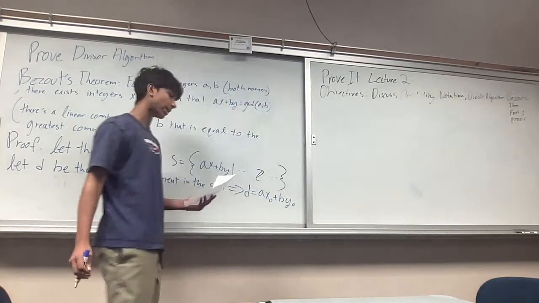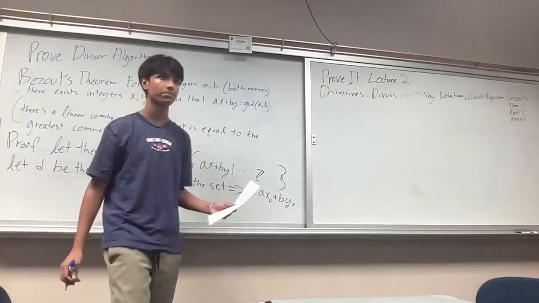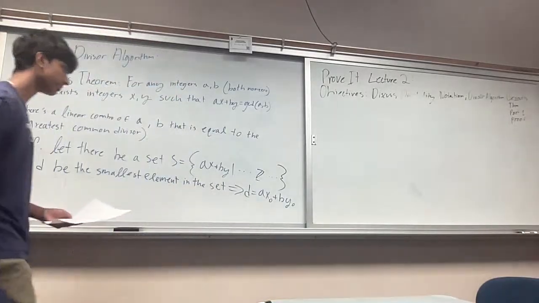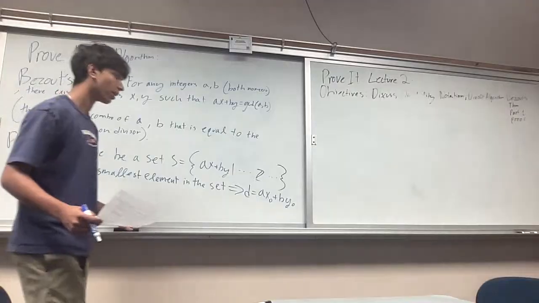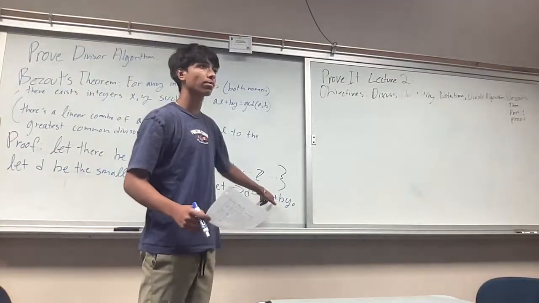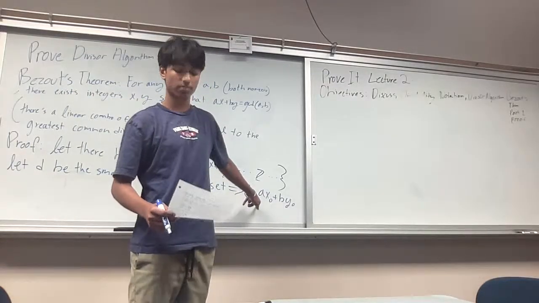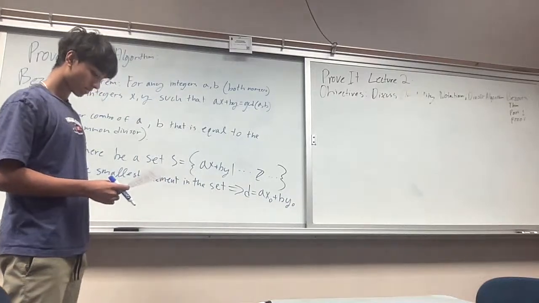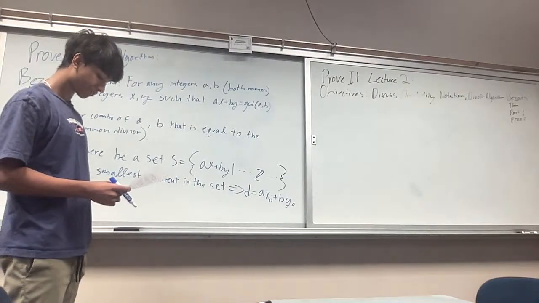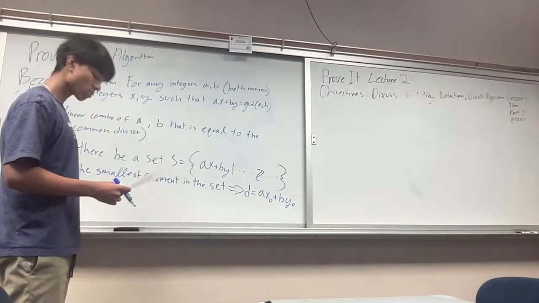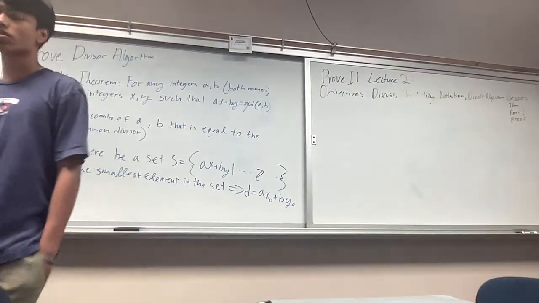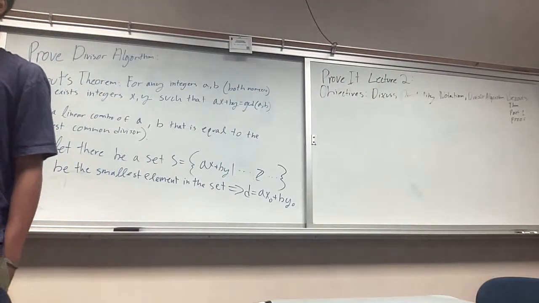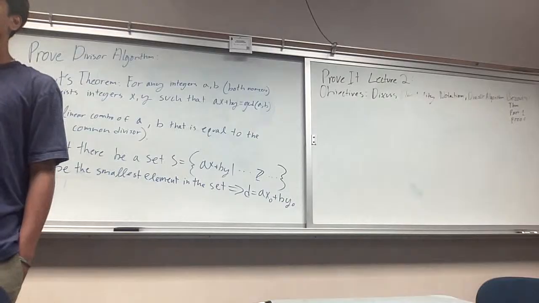Okay, so D equals ax naught plus by naught, where x naught and y naught are the integers that yield the smallest element D. No, it's the value of the smallest value of D. Greatest common divisor is basically the biggest number that divides both b and a without leaving a remainder, right?